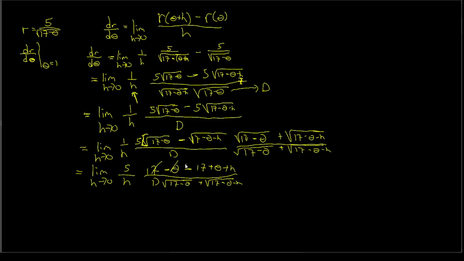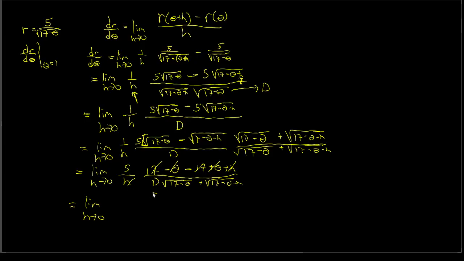And we notice these cancellations, which leaves me an h upstairs, and these h's cancel. So I now have my problem cleared out, which is where I had an h down here.